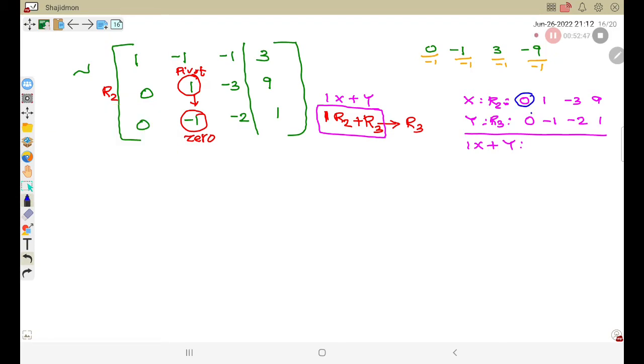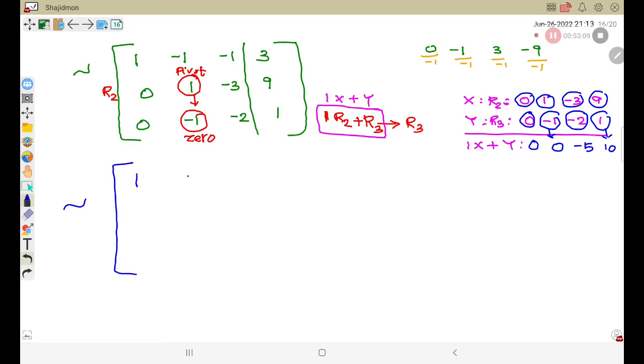Calc 0 and 0, you will get 0. 1 and minus 1, okay, you will get 0. Minus 3 and minus 2, you will get minus 5. 9 and 1, you will get 10. So equivalently the matrix: first row 1, minus 1, minus 1 and 3.